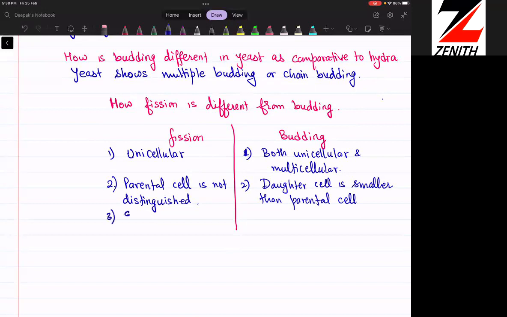Examples of fission are bacteria, amoeba. In case of budding, examples are yeast, hydra.